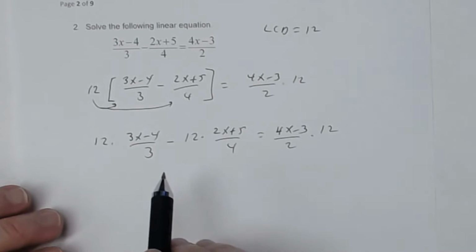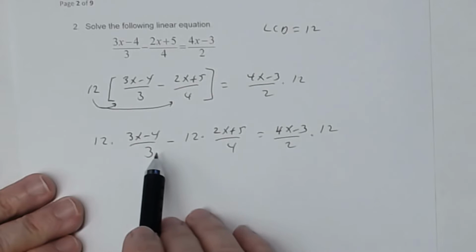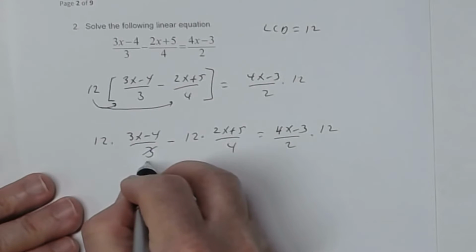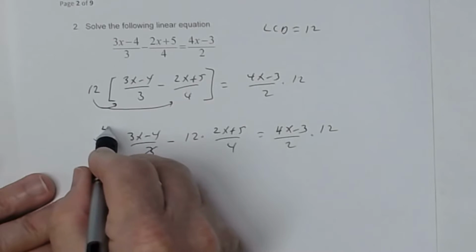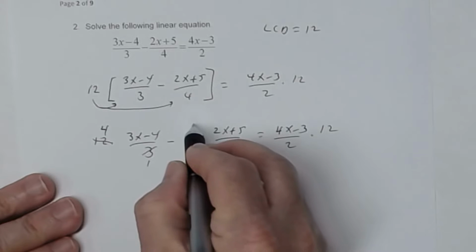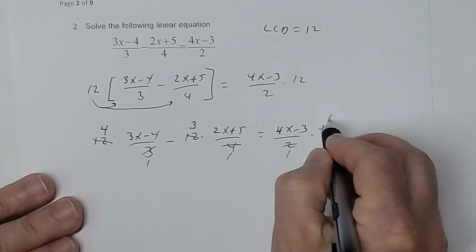Alright, now at this point we're going to reduce. So remember, the whole point of multiplying both sides by 12 is to get 1 in that denominator, and now you can. 3 into 3 is 1, 3 into 12 is 4. Over here, 4 into 4 is 1, 4 into 12 is 3. Over here, 2 into 2 is 1, 2 into 12 is 6.